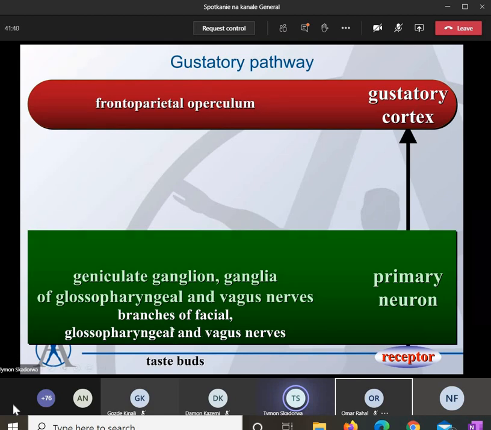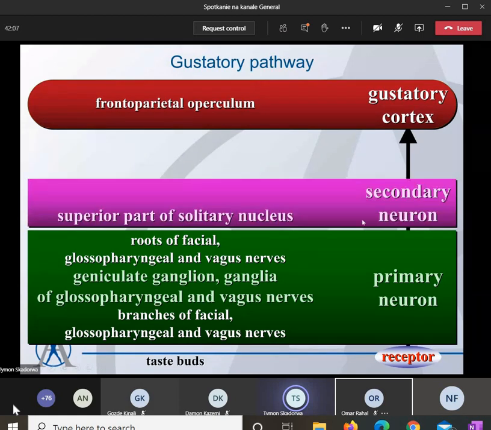So the branches of the facial, glossopharyngeal, and vagus nerves transmit the information to the body of the primary neuron, and then with the roots of the facial, glossopharyngeal, and vagus, they enter the brainstem. So the information from the tongue runs with different cranial nerves, and they reach the brainstem, where the secondary neuron is. The secondary neuron is located in the superior part of the solitary nucleus.